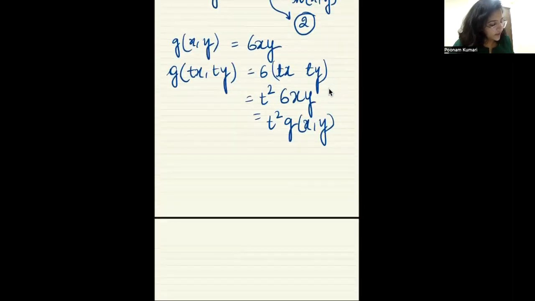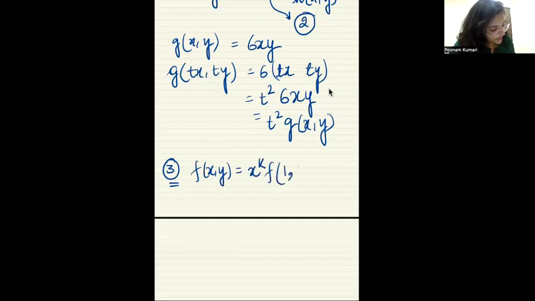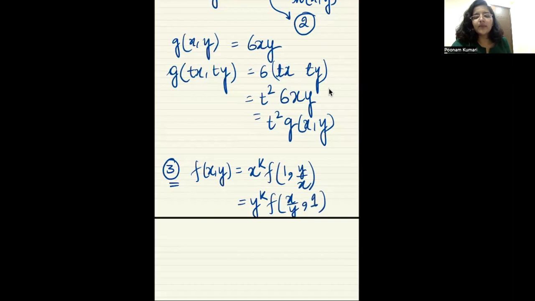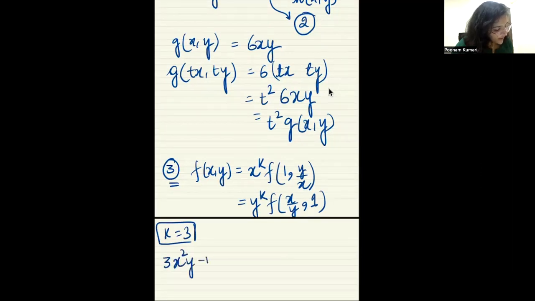So this is clear. And the third property that we have is f(x, y) equals x to the power k times f(1, y by x), which equals y to the power k times f(x by y, 1). For this particular function, my k is 3. This function f(x, y) is nothing but 3x squared y minus y cube.